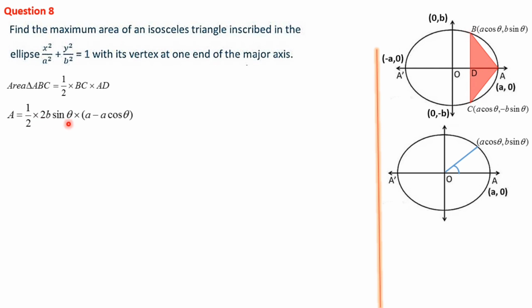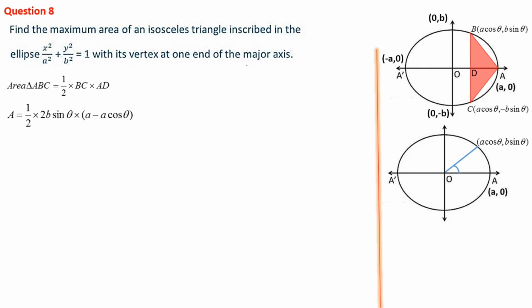And AD is this length, and we can consider OA minus OD as AD. OA is a, minus OD, which is the x length, that is a cos theta. So it is a minus a cos theta.